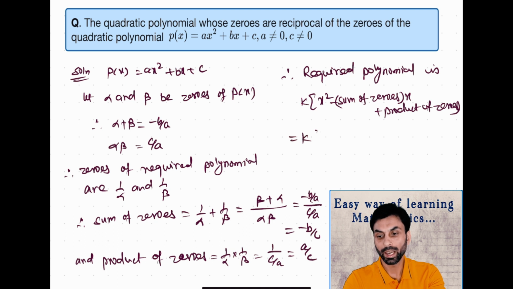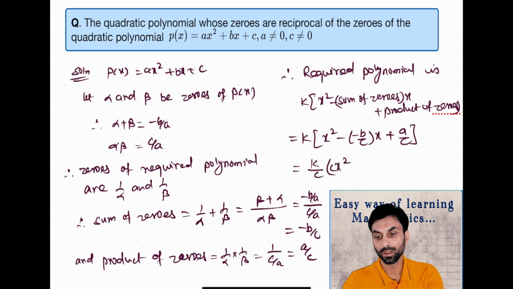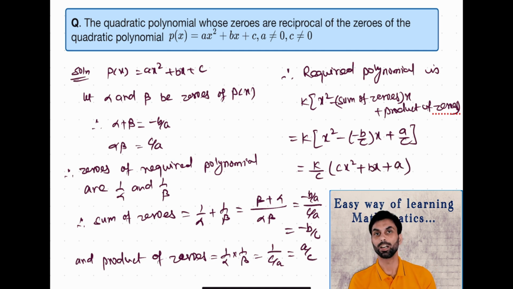That will be equal to k into x square minus (minus b upon c) x plus a upon c. On solving, we'll get k upon c into (cx square plus bx plus a), and that will be the required polynomial.